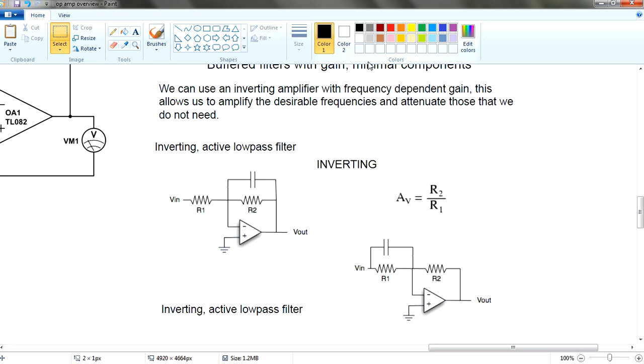You may ask me, what if it's a high pass filter? This is actually a low pass filter. For a high pass filter, you simply change to an inductor, that's all.